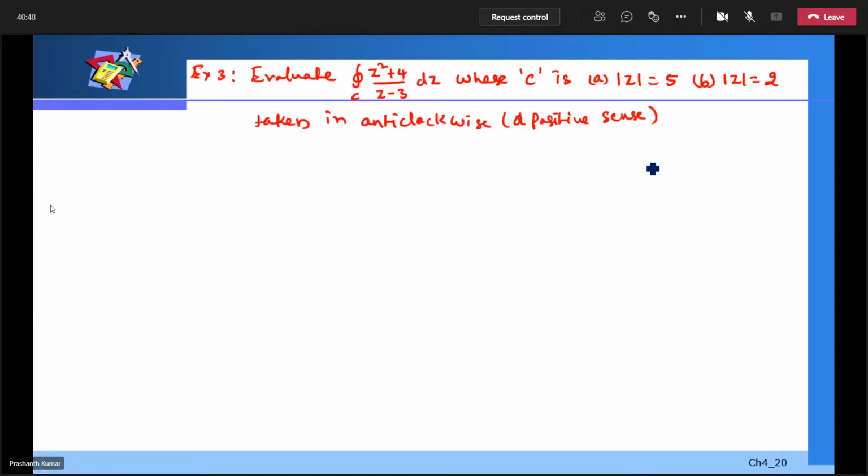Here I am writing mod z is equal to 5 implies it is a circle equation. This is the circle. This is the center.